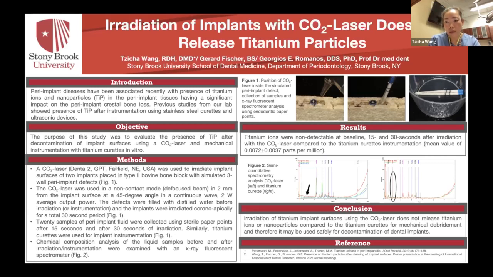Again, the red is baseline, and the green lines are 30 seconds after the instrumentation, and you can see the peak of the titanium particles, and it's pretty consistent in all our samples as well. And the mean value of 0.007 parts per million of titanium ions was found from the titanium curettes.